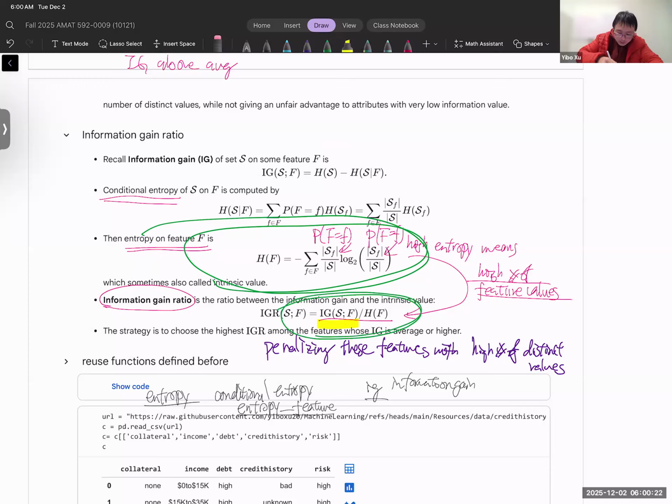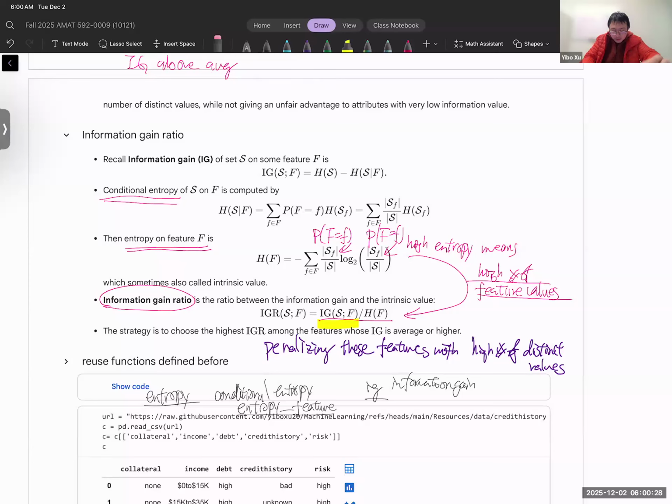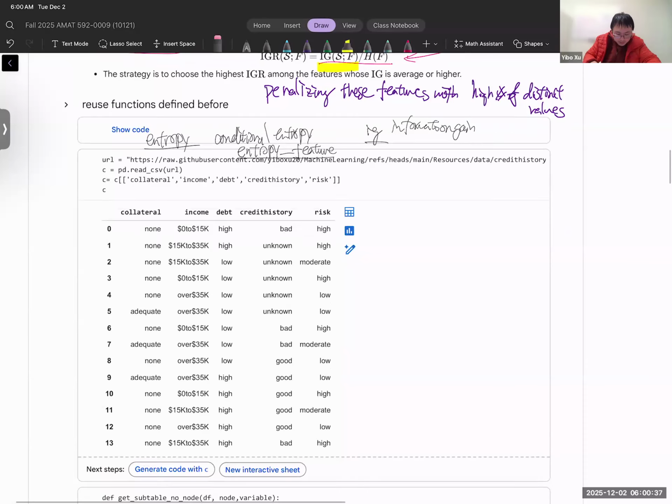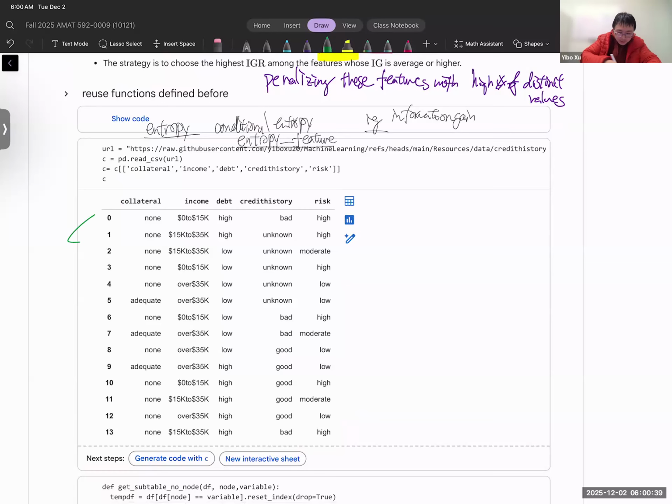Now we want to see if this improves the computation. We're going to soon look at that in one of the examples. This part is the example we're going to look at.